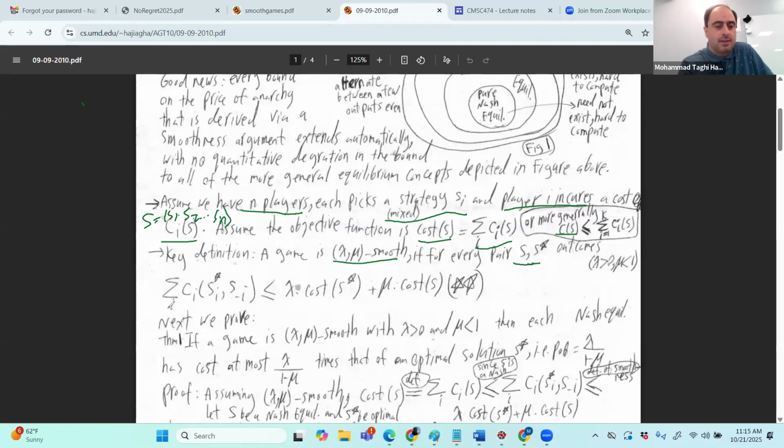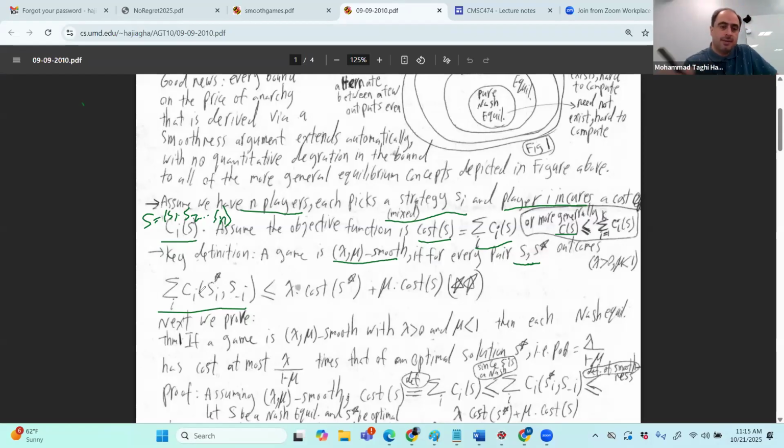We should have this property that you will sum it up over all i's. So what is this one? This is the meaning of smooth. It means that between S and S star, in some sense, some smoothness is happening.